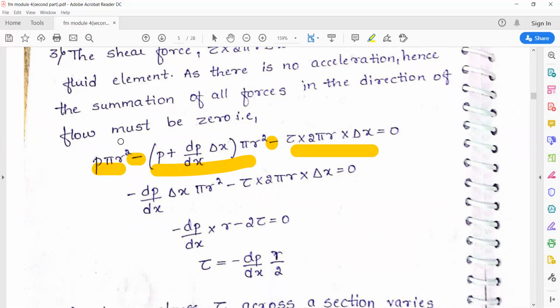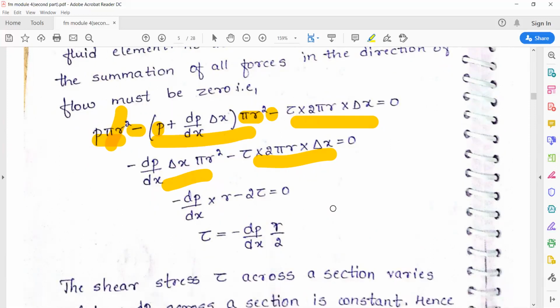So P into pi r square minus P into pi r square, positive and negative get cancelled. The remaining is minus dp by dx into delta x into pi r square, minus tau into 2 pi r into delta x. Delta x into pi into r is common in both terms, so it can be taken common and cancelled.